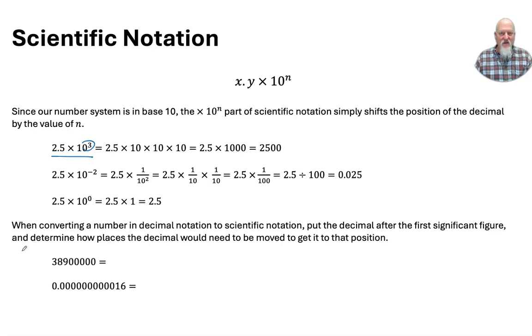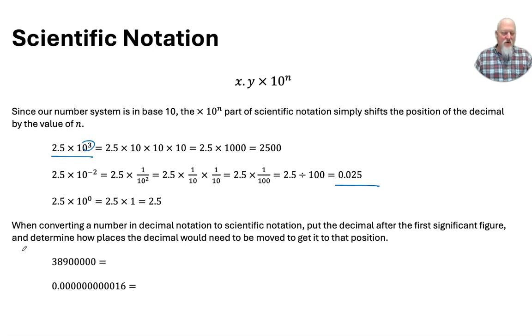2.5 times 10 to the negative 2 means we're dividing by 10 twice, so we're moving the decimal to the left twice. We're making the number smaller. That negative value means we're making 2.5 smaller by 100th. So 2.5 times 1/10 times 1/10 is 2.5 times 1/100th, which is 2.5 divided by 100, which is basically 2.5 divided by 10 divided by 10, which simply means we've moved the decimal twice to the left, and that's that.